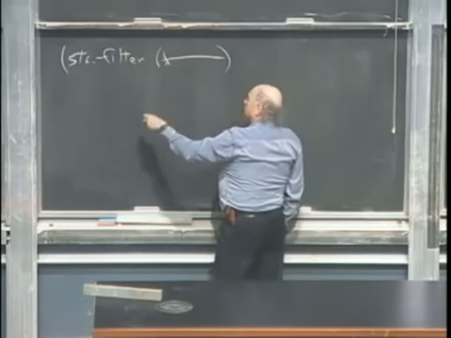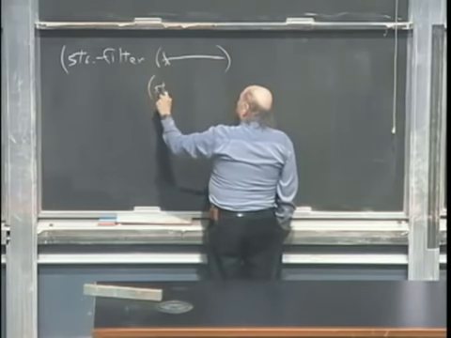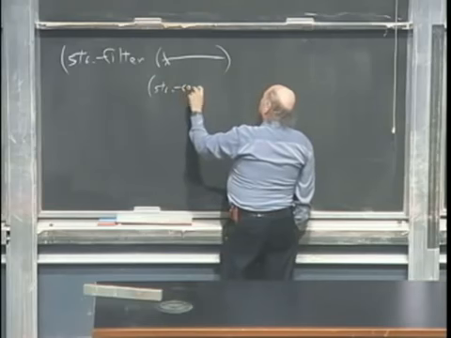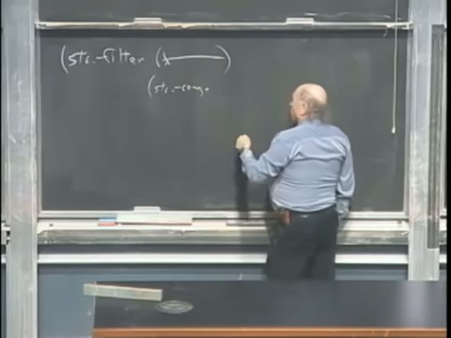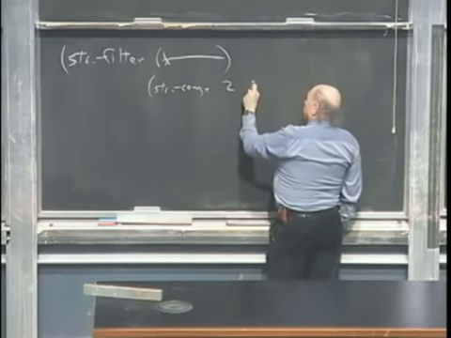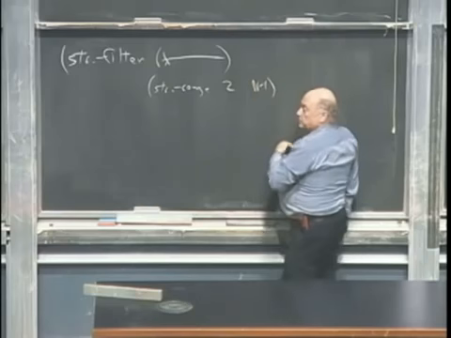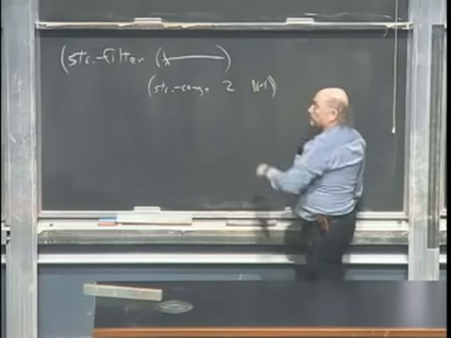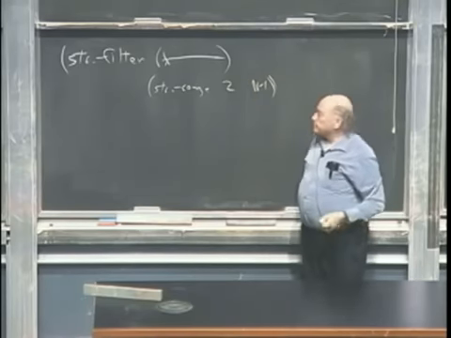Lambda something, and then stream range from 2 to n minus 1, whatever that is, right?